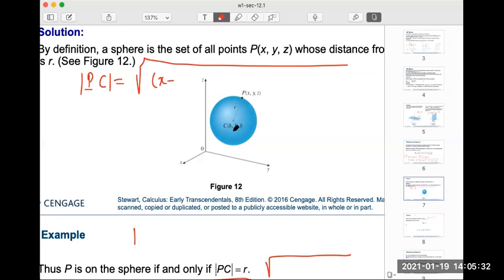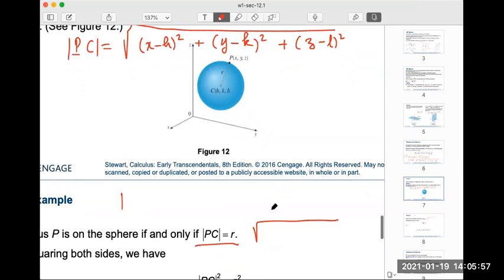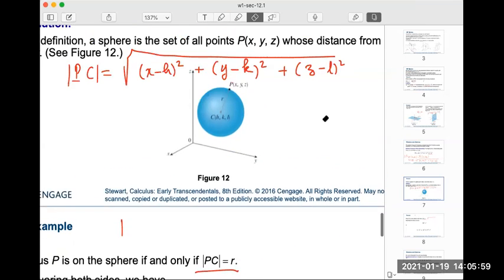Yes, minus. Very good. So this is the distance formula, right? And we know that it should be equal to r.